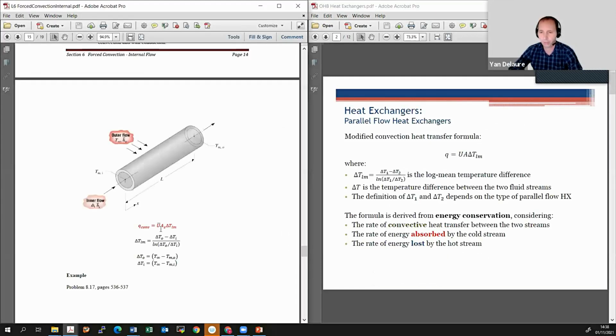That is, we had an area, we had a U-value, and we had a mean temperature difference. And that came from the fact that we have a temperature which may be uniform outside, but that varies inside the pipe. There's a heat transfer to the fluid in the pipe or from the fluid in the pipe, and that means that the temperature of the fluid in the pipe will change. It means we don't have a single temperature difference driving heat transfer, but one that is varying. Therefore, we need some measure of the averaging.